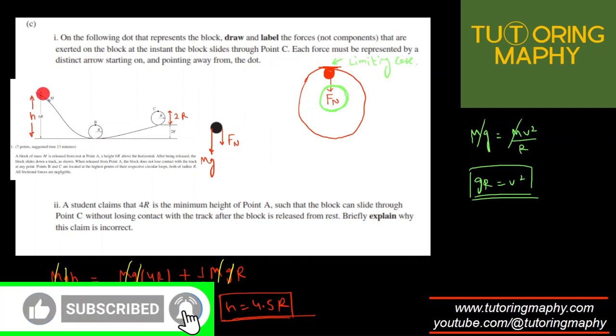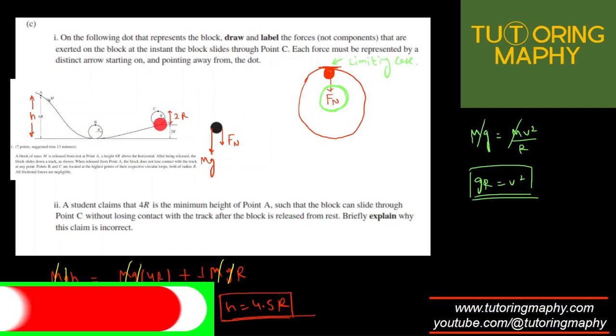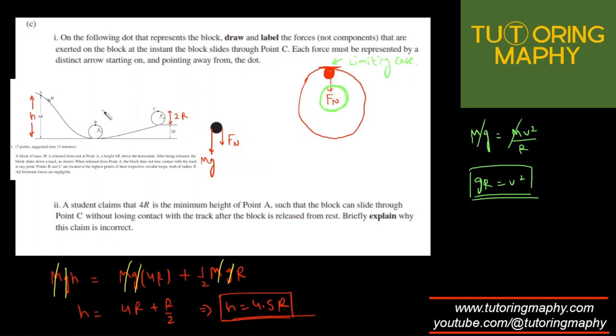Because it is being released, the total initial energy is only the potential, which is at 4r. The final energy is also the potential, which is 4r. So obviously it will come to rest at C and it will just instantly drop downwards. So it will definitely lose the contact since its velocity just becomes 0. So that's why this claim is also incorrect.